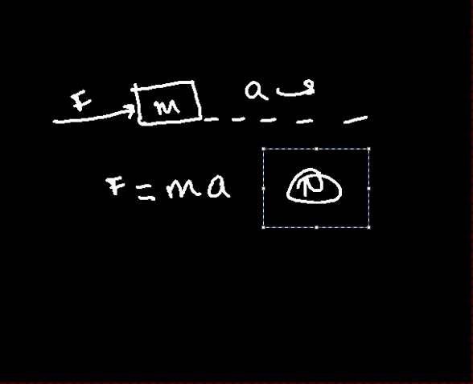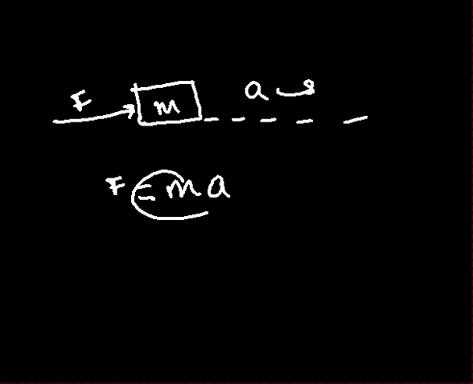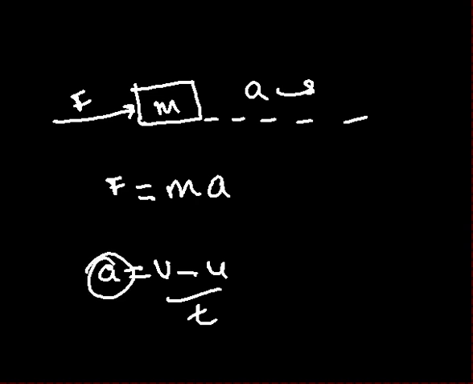Now, what happens if the object is moving at a constant speed? If the object is moving at a constant speed, it means the acceleration is zero. Recall that acceleration is given as the final velocity minus the initial velocity, divided by t. If the acceleration is zero, then 0 equals (v minus u) divided by t.